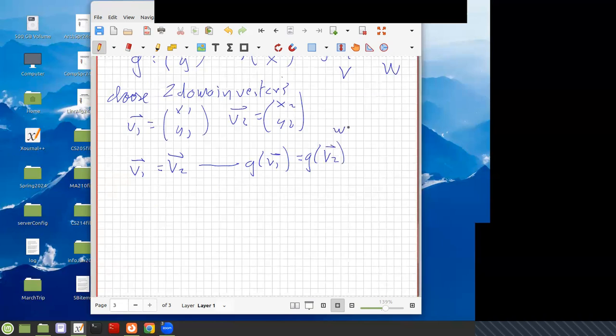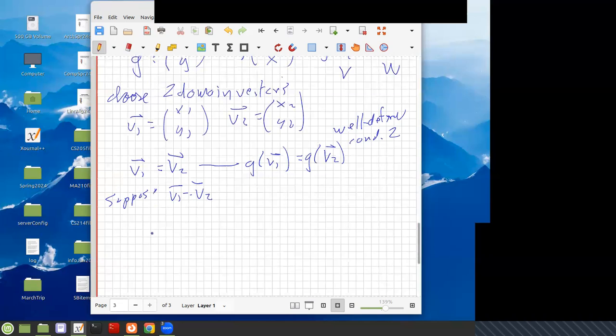This is well-defined condition 2. Since I've chosen two arbitrary vectors V1 and V2, suppose V1 equals V2.